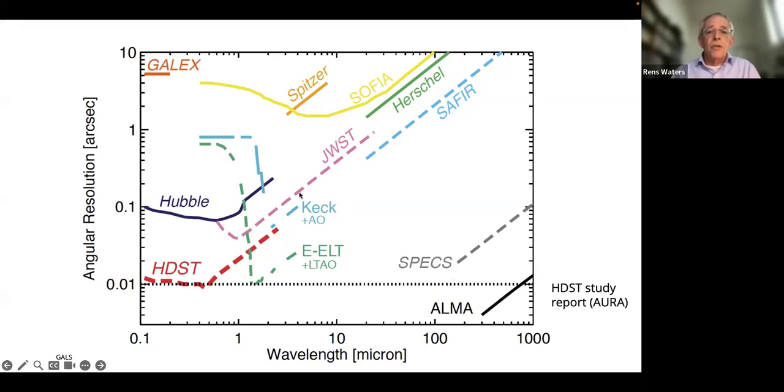And here's an example again of the James Webb Space Telescope, which is a single dish telescope, which has an angular resolution typically of the order of less than a tenth of an arcsecond at the shortest wavelengths, and then increasing up to a few tenths of an arcsecond at the longest wavelengths where Webb is operational.